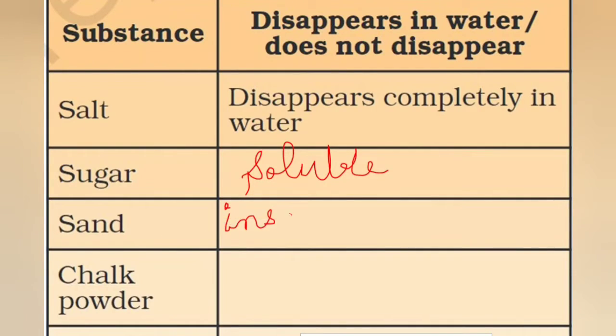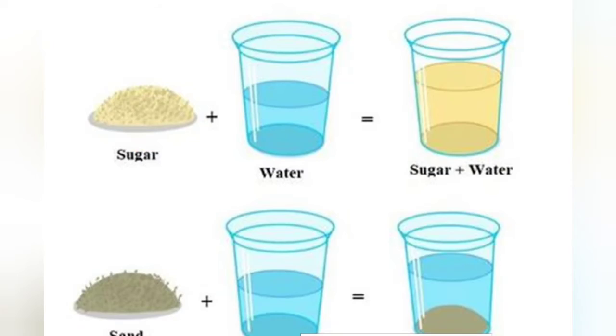Chalk powder sits down in the water and does not disappear, so this is also insoluble. Sawdust is also insoluble in the water, so I will be writing insoluble. Okay, so we just understood what is soluble and insoluble.